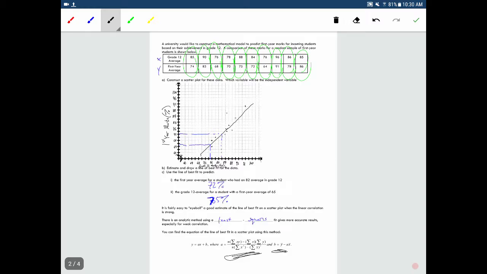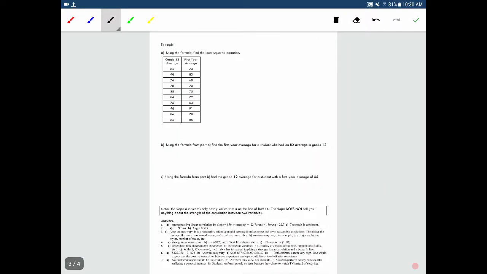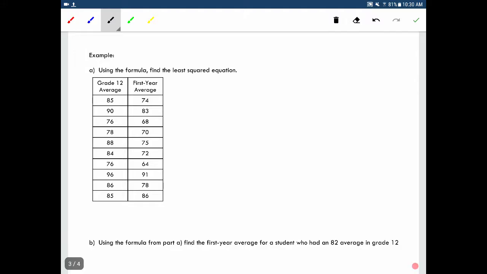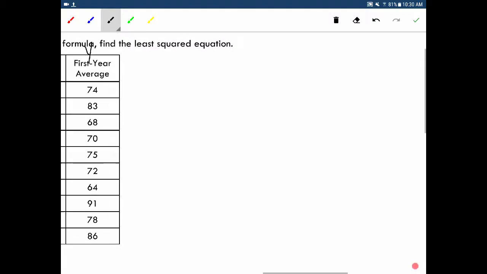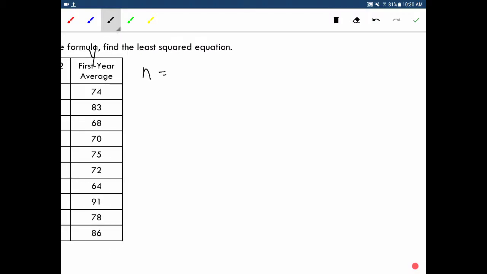So let's just jump over to the next page. And fortunately for you guys, I've done all the work ahead of time. So I'm going to go through, and if you don't believe me, you can try these on your own. I'm just going to say, this is x, this is y. So the things we need to find: we need to know what n is, okay?